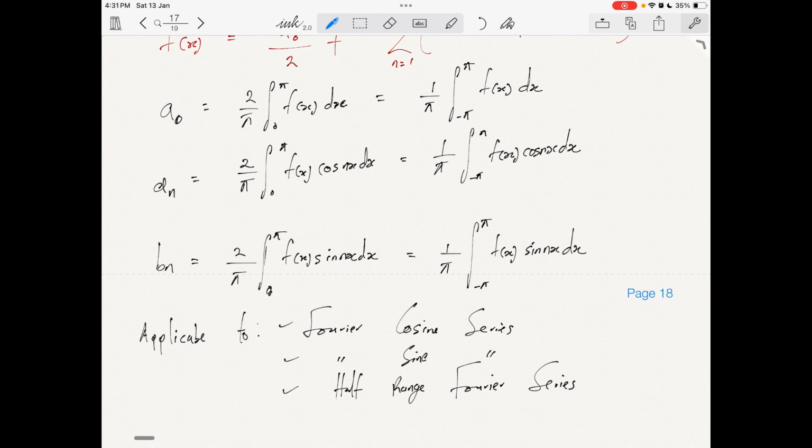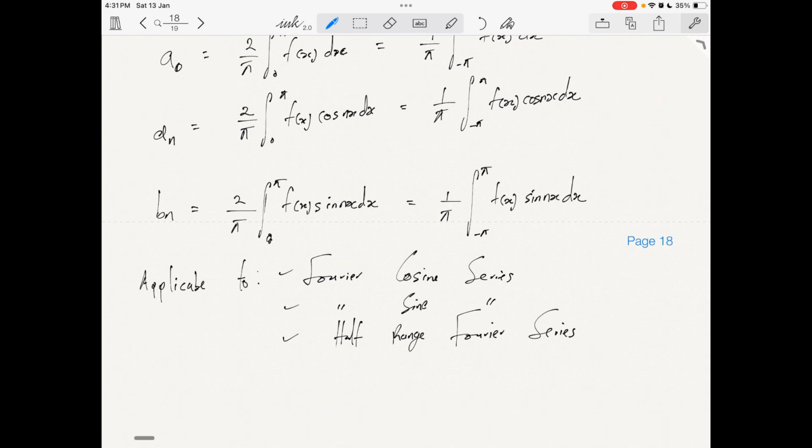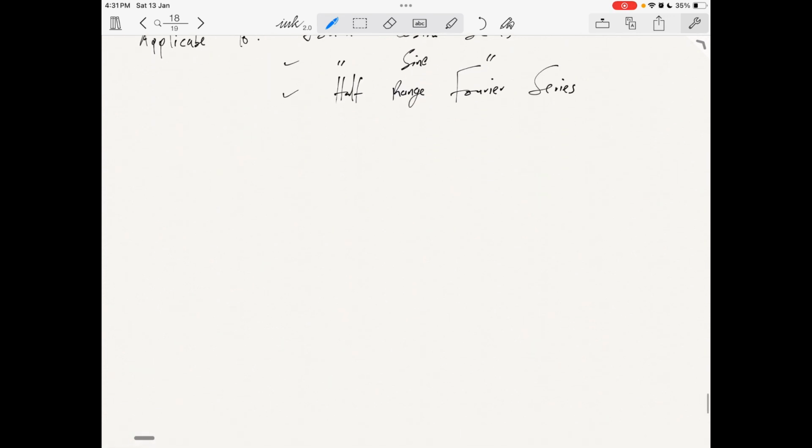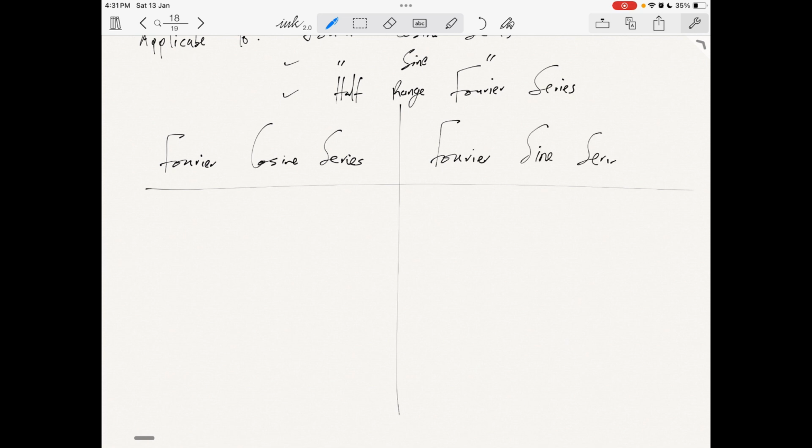And now, having understood this, what is the difference between the Fourier cosine series and the Fourier sine series?